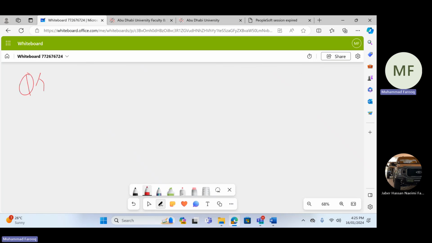Question 45. Integrate cosine of the angle root x dx. Please use substitution. Writing u: the square root of x is equal to u.